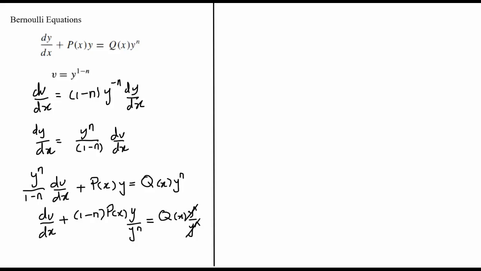So therefore the equation will become this. Now you have the dv/dx there, (1-n), p(x), and then you're wondering, where did the v come from? Well, if you see here, this is just going to be y^(1-n), because the y^n goes up, becomes this. And what is v from here? It's y^(1-n). So we just replace that and we get this equation.